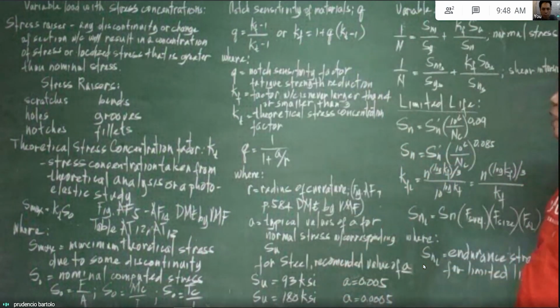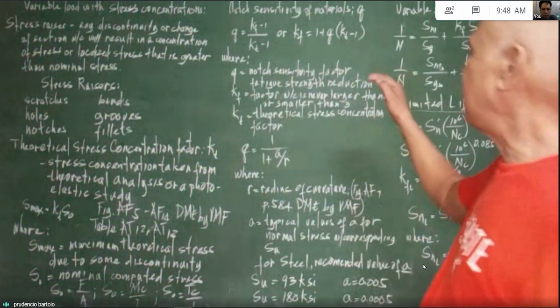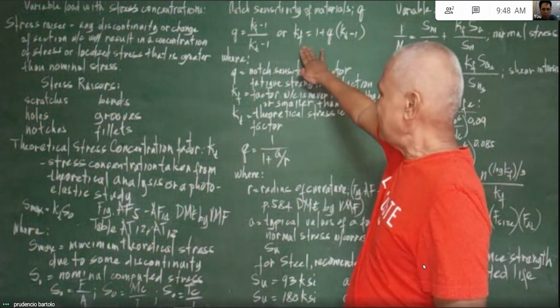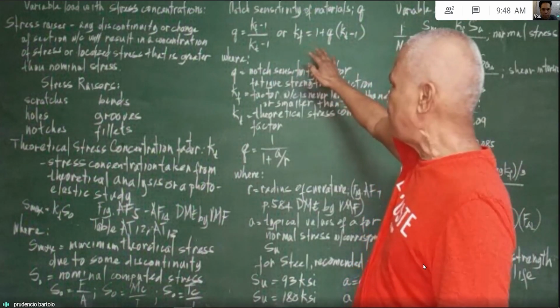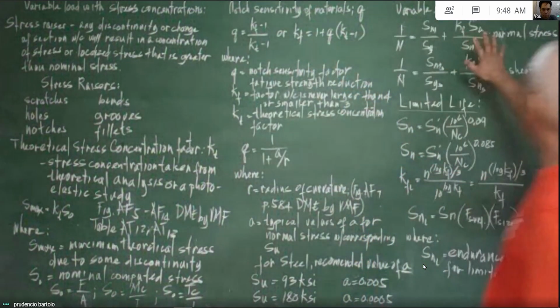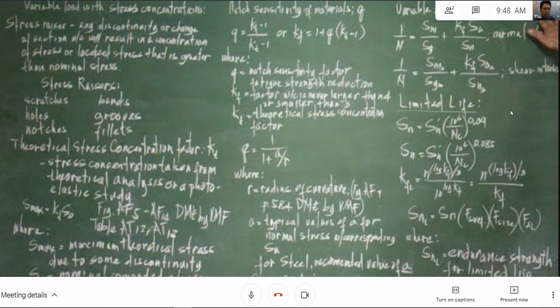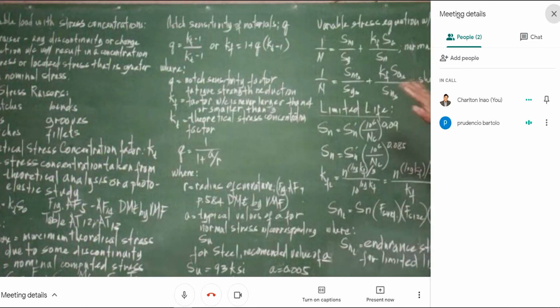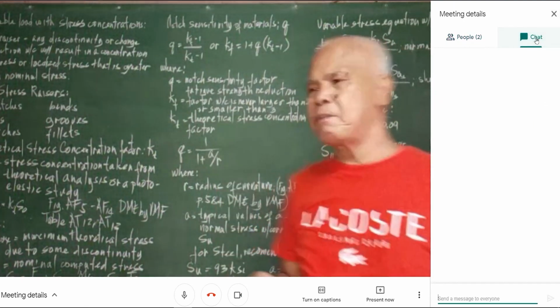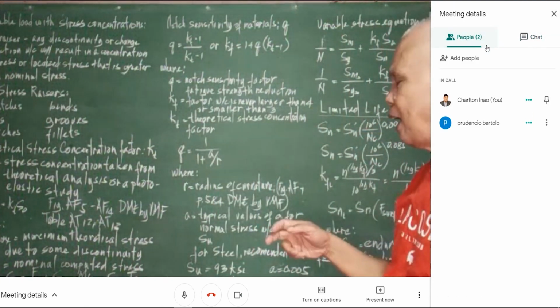Now, the significance of considering the fatigue strength reduction factor is by using the variable stress equation with fatigue strength reduction factor, that is Kf. Of course, for normal stress, we will be considering the Soderberg line criteria.